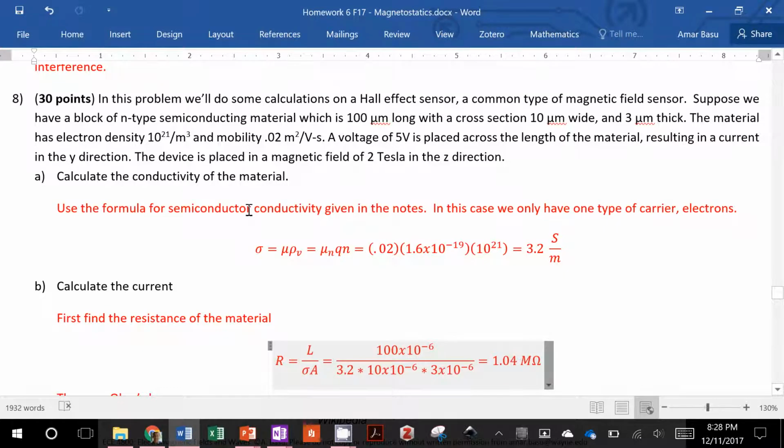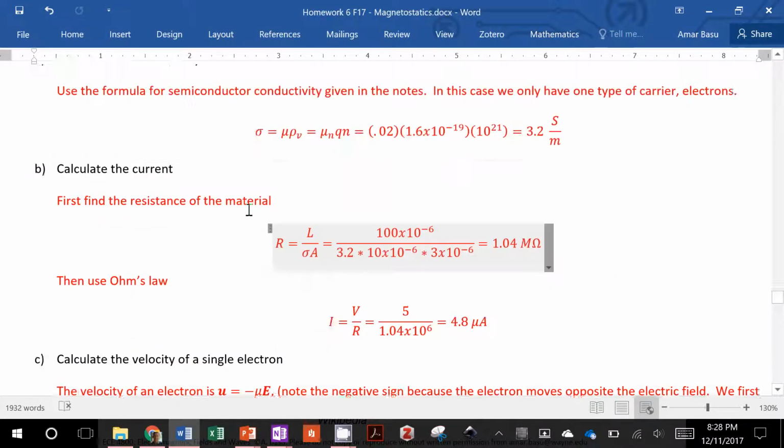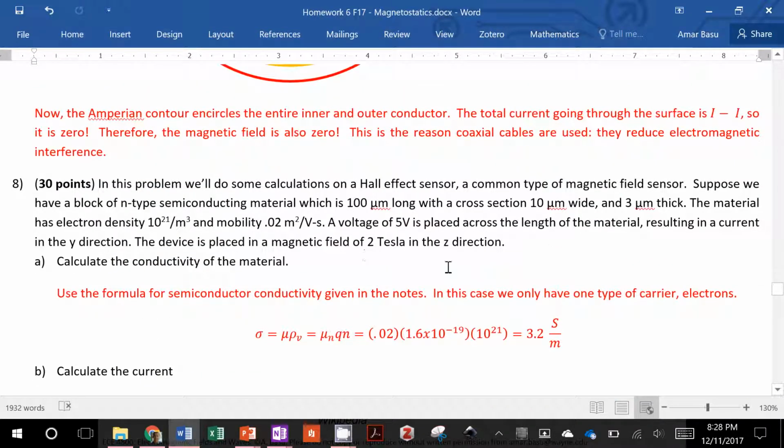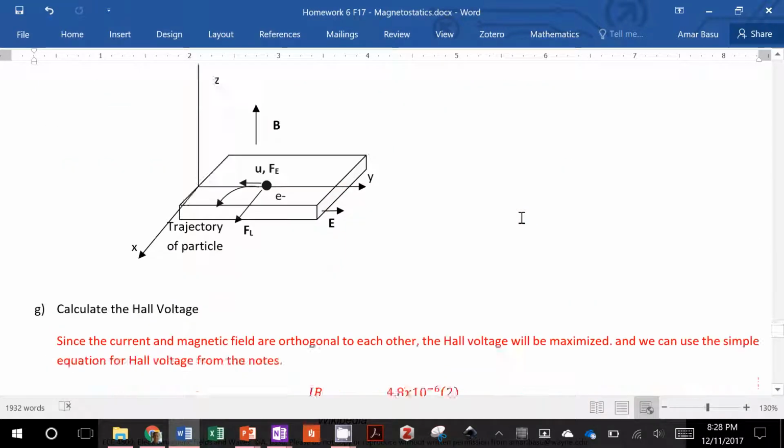So let's get back to your question. In this case, the magnetic field is in the z direction, and a voltage of 5 volts is placed across the length of the material, resulting in a current in the y direction. All right, so the current is in the y direction.